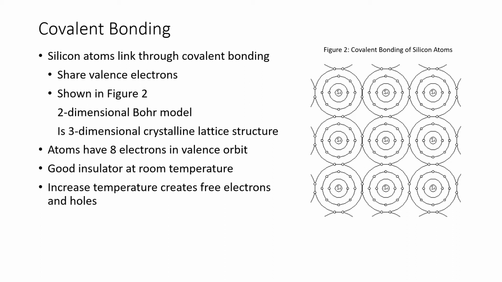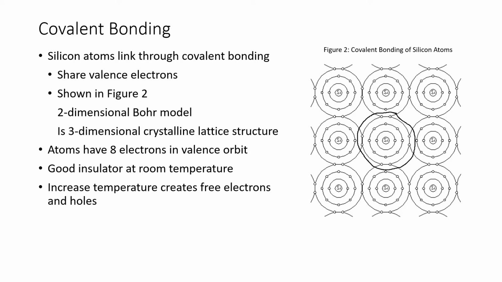The key point here is that when these atoms join together or link together, then they all have 8 electrons in the outer orbit or the valence orbit. For example, if we look at this particular atom here, note that we share electrons with the neighboring atoms.